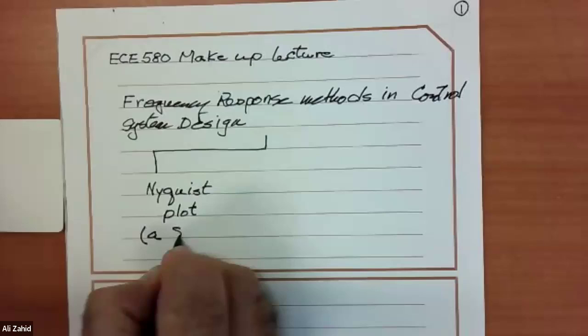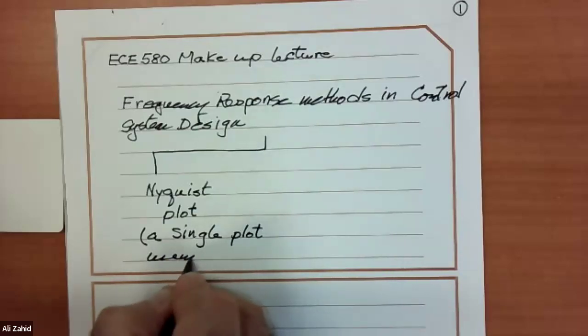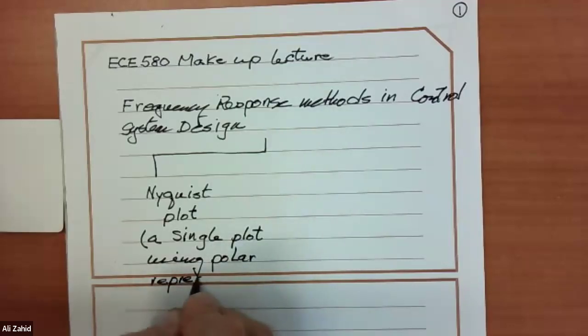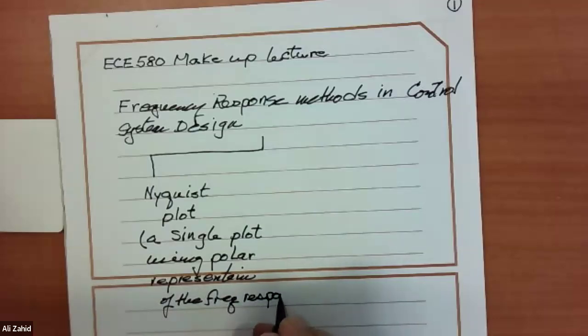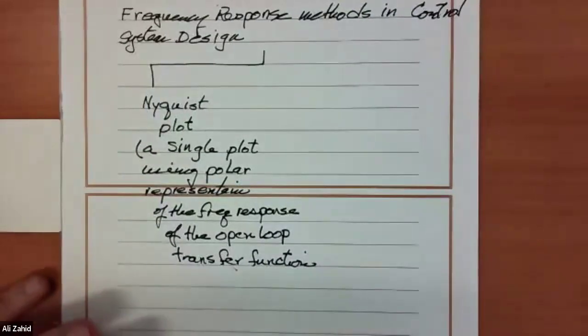And this is a single plot using polar representation of the frequency response of the open loop transfer function.